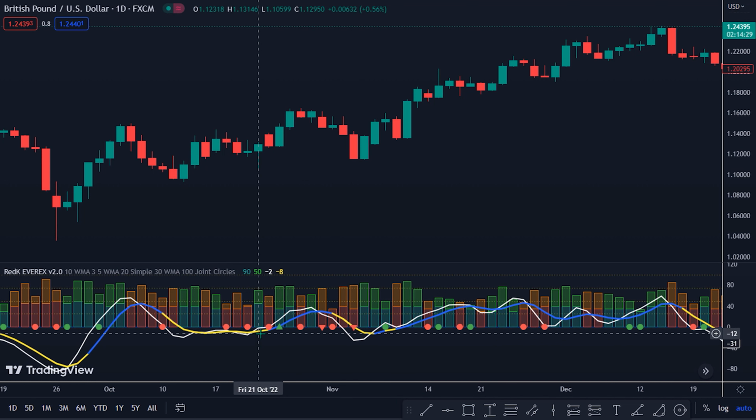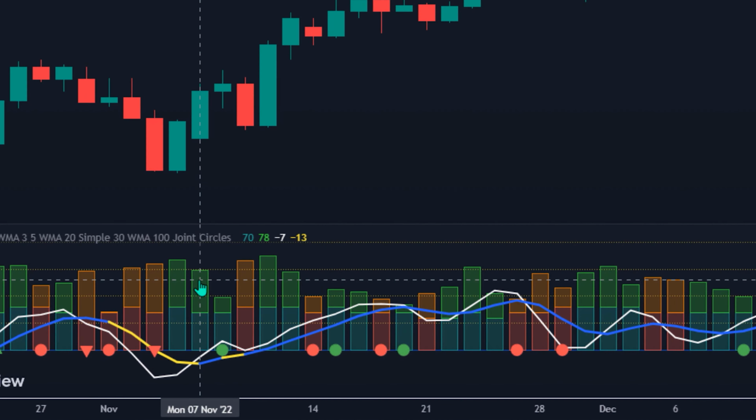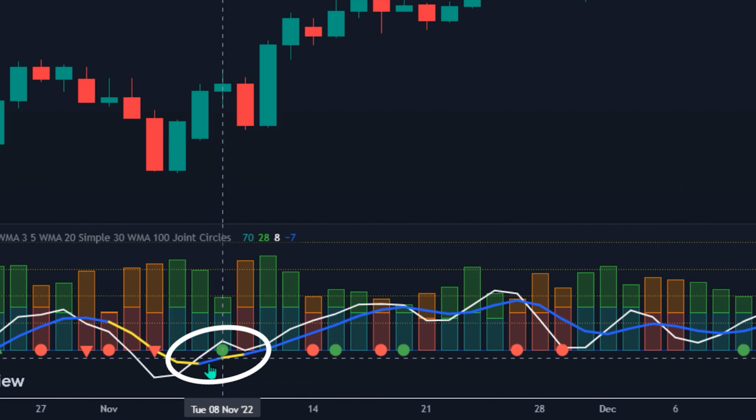Next, we watch out for the RROF smooth white line to cross above the signal yellow line. The third step is to watch out for the volume border bars to turn teal and the price border bars to turn green. The fourth step is to ensure that the signal yellow line has turned blue.